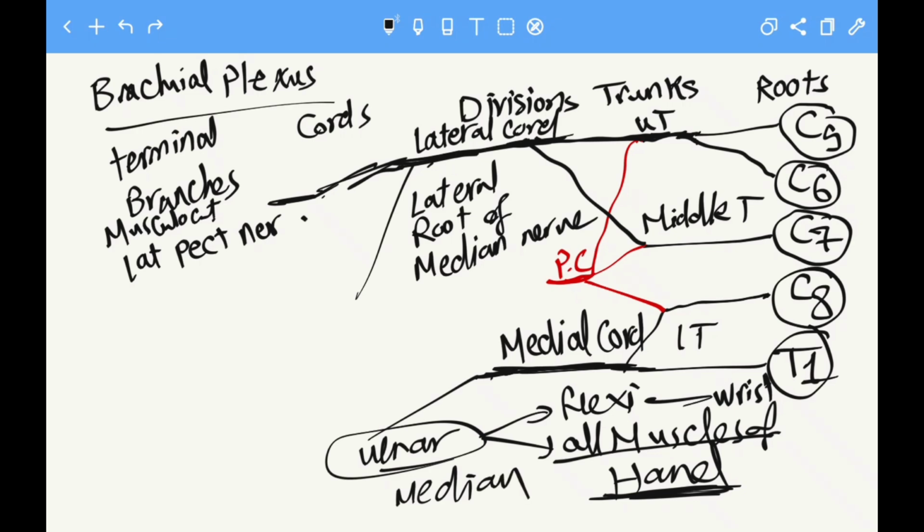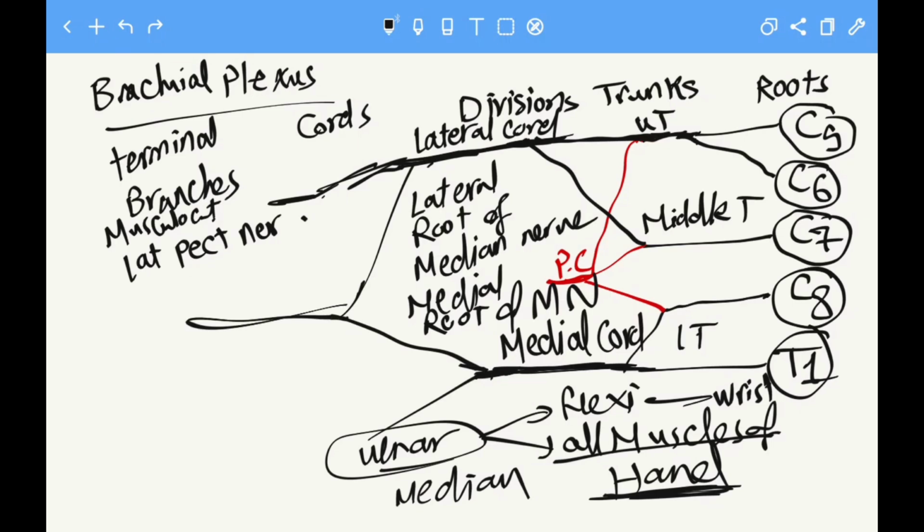The medial cord will also give the medial root of the median nerve. The medial root and lateral root of the median nerve will form the median nerve itself.